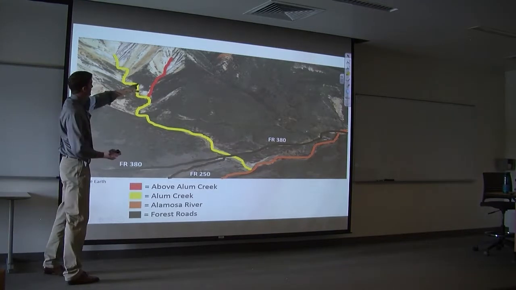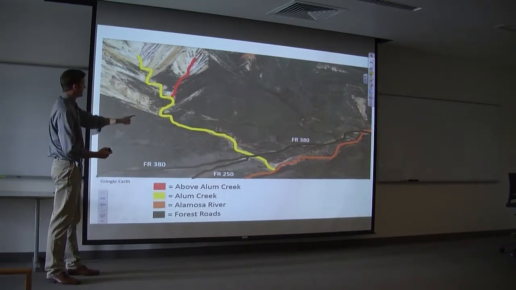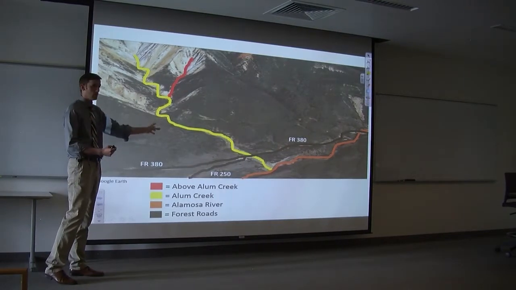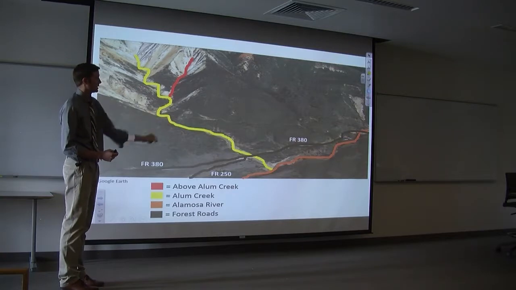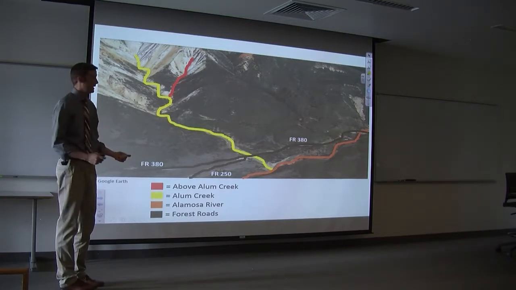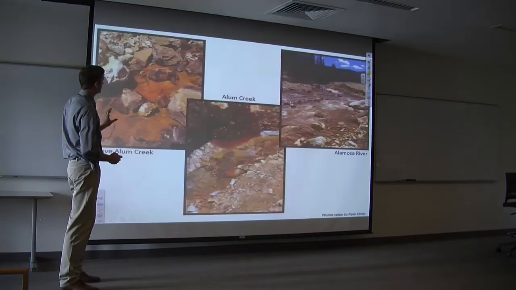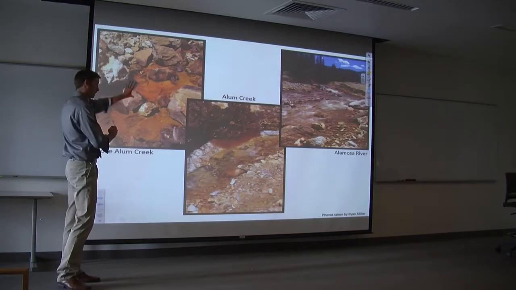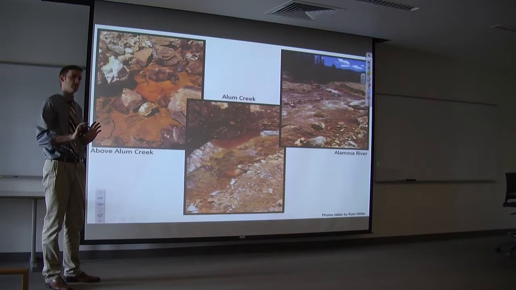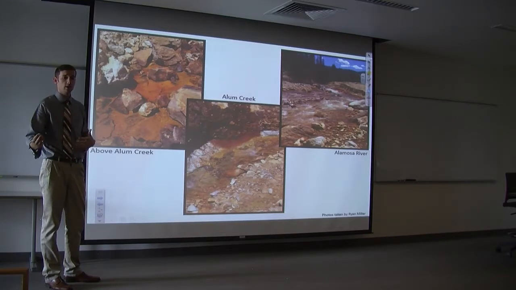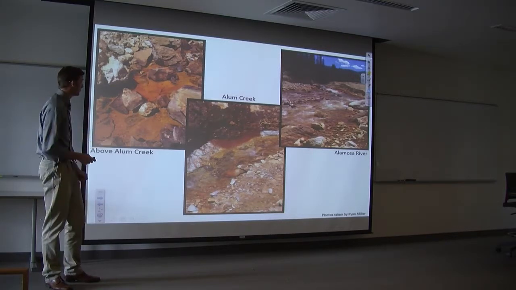This red line is actually a small trickle that dumps into this yellow line, and that's Alum Creek. And then Alum Creek eventually dumps into the orange line, which is the Alamosa River. So this really created a gradient where at the top, there was very low pH, harsh conditions, and then near the Alamosa River, the pH was more neutral and life would be more sustainable.